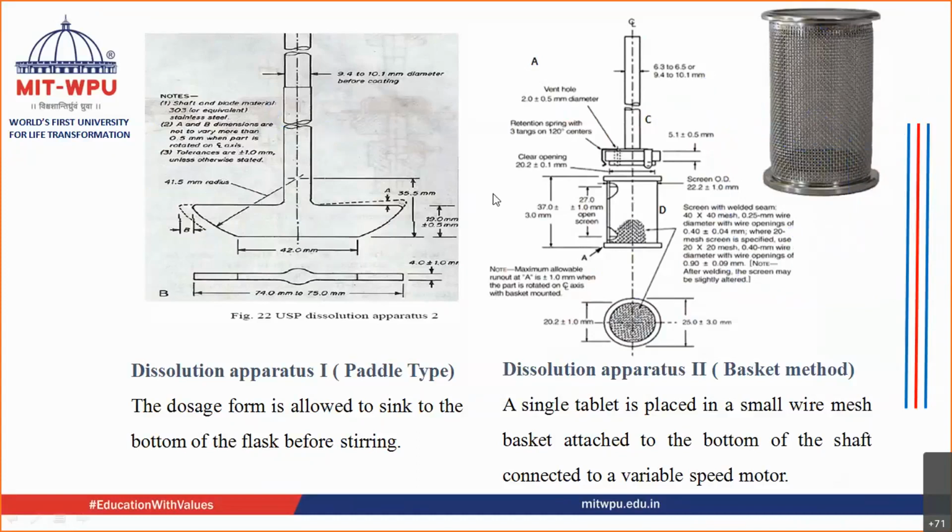I am not going to go into the details of these dimensions because it would unnecessarily confuse you. Remember, in your monograph, under the drug section, everything would be given.